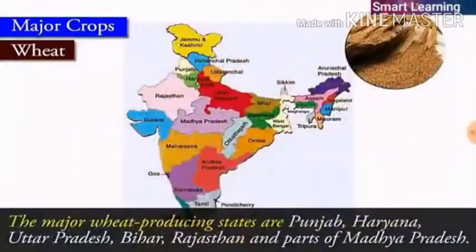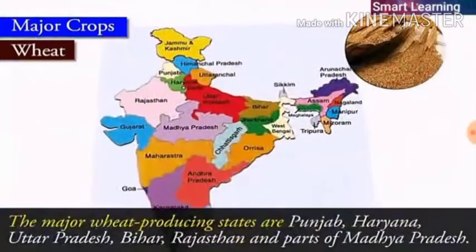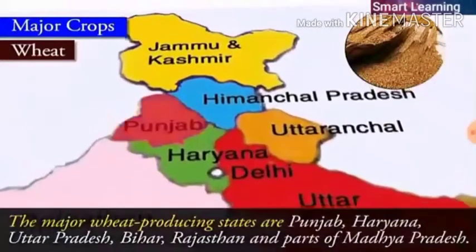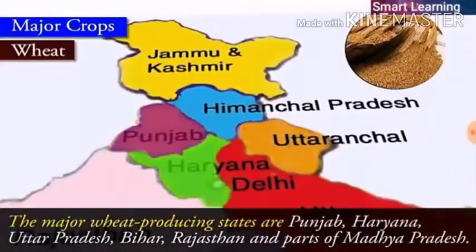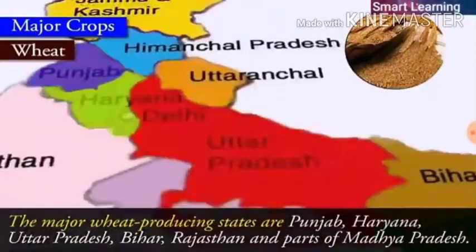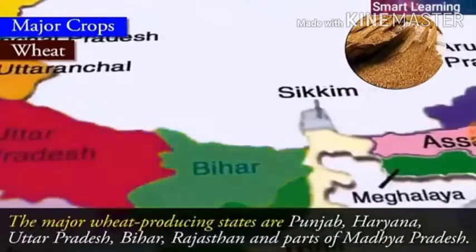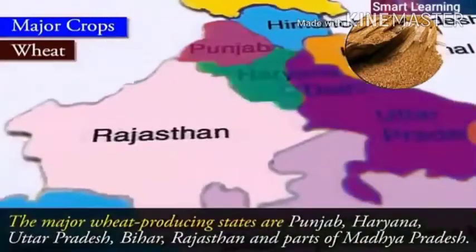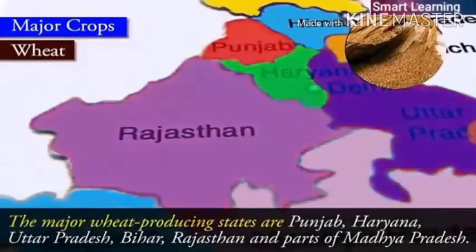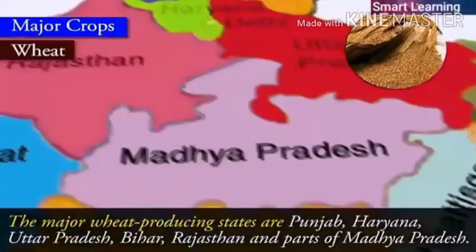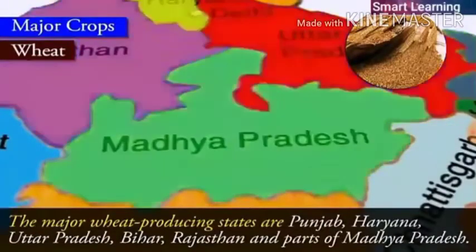The major wheat producing states are Punjab, Haryana, Uttar Pradesh, Bihar, Rajasthan, and parts of Madhya Pradesh.